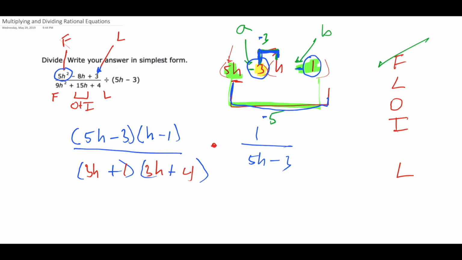Okay, and now what do we do? We can save ourselves a massive headache, or at least a little bit of it. Yes, you could do that.